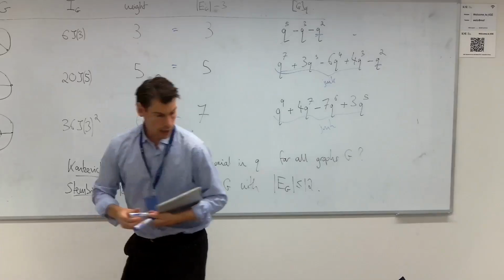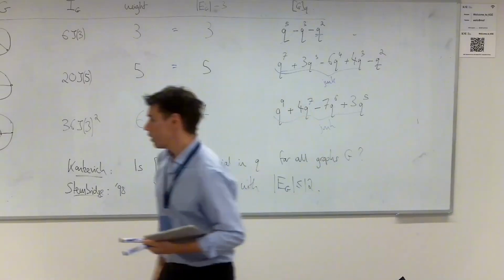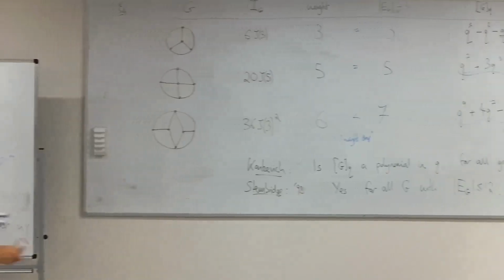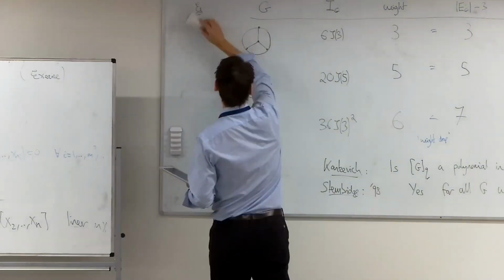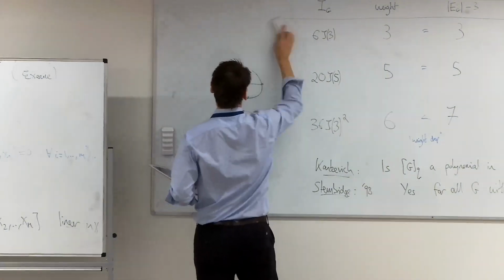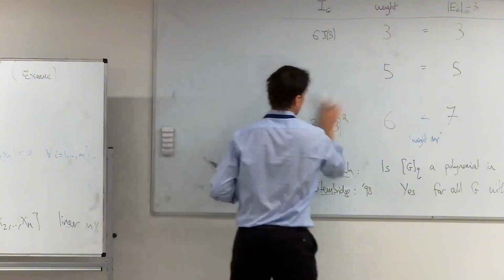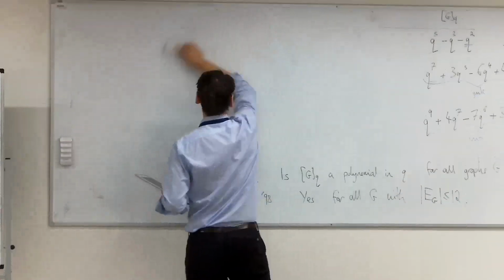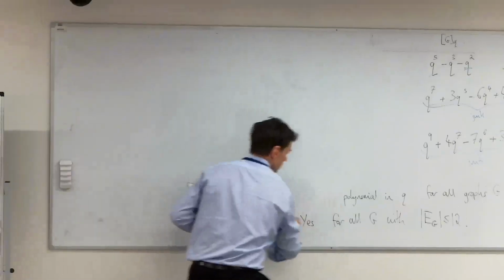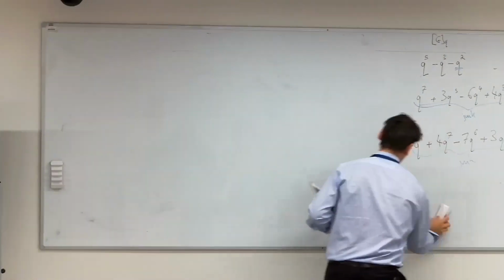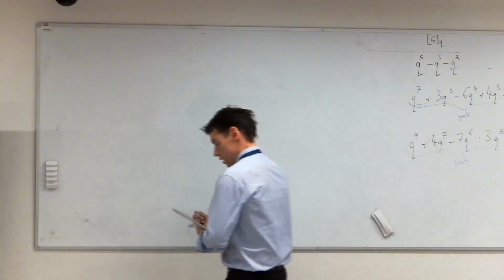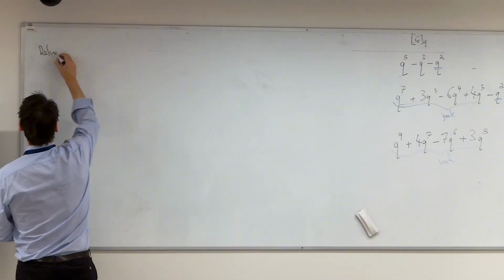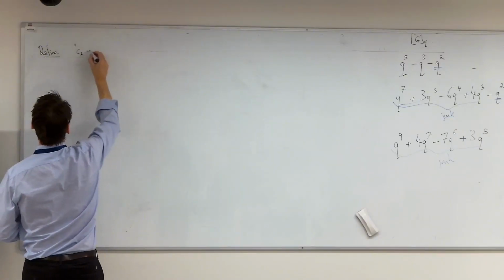And so what we did is we defined a much better invariant, which is much more interesting than the graph polynomial. Let me delete this. So we call this the C2 invariant.